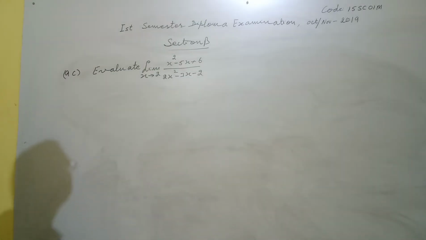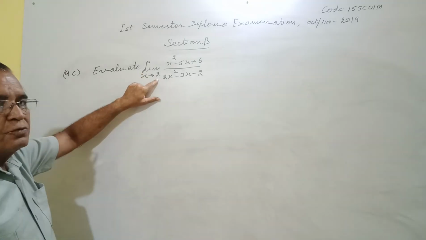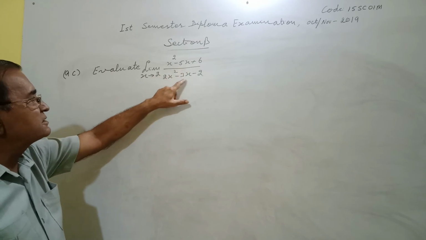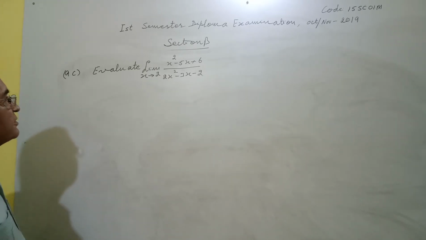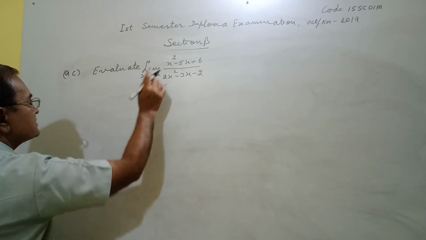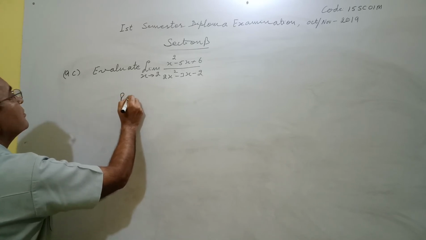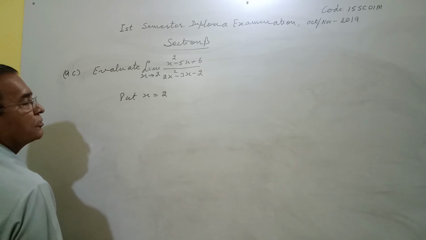Ninth C part. Evaluate limit x approaches 2 of x square minus 5x plus 6 over 2x square minus 3x minus 2. How to solve it? First directly put x equals 2 in the given fraction. Put x equals 2.